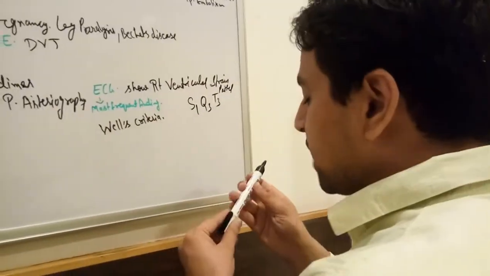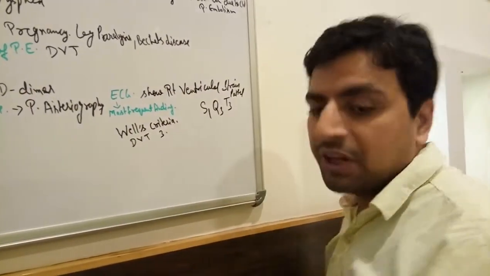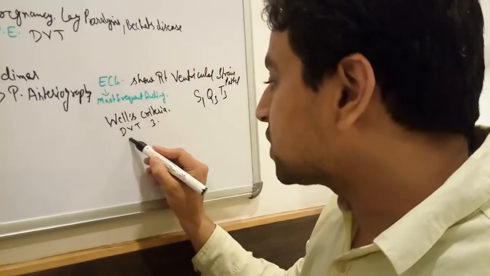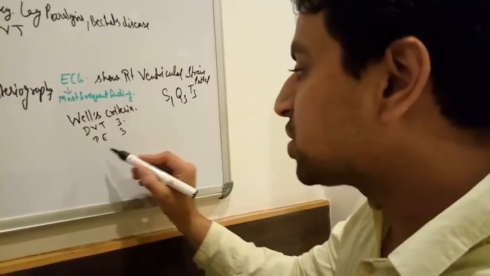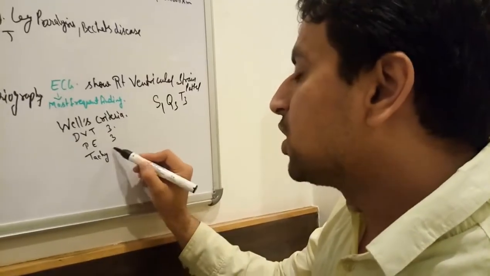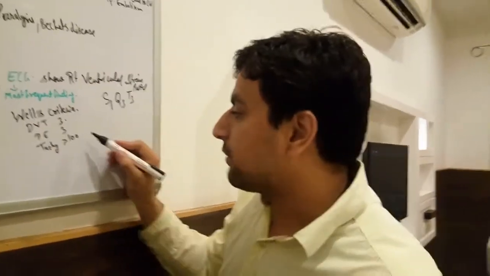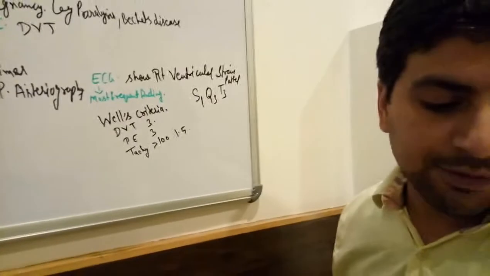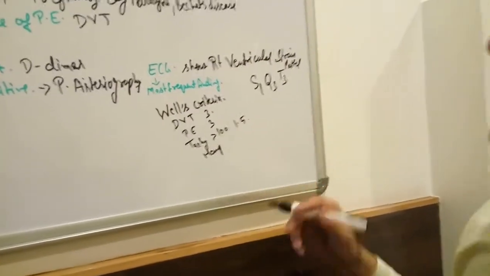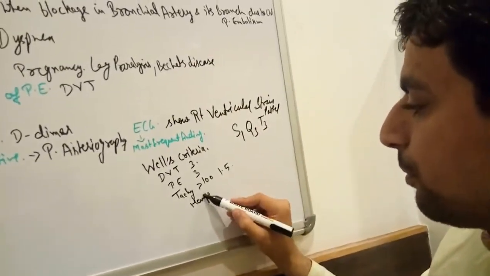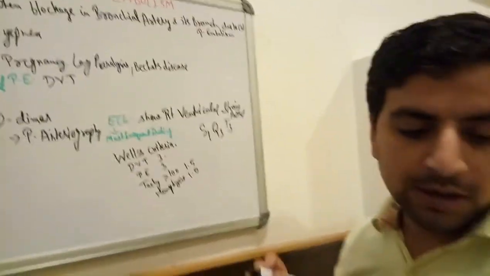Wells: if the patient has DVT, then it's 3. When pulmonary embolism is suspected, also include 3. If the patient has tachycardia more than 100, it is 1.5. And if the patient has hemoptysis, coughing up blood, hemoptysis is 1 in grading.